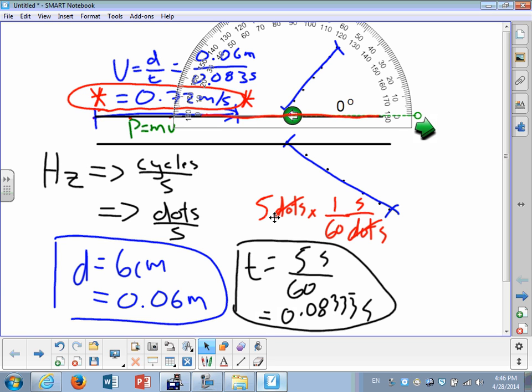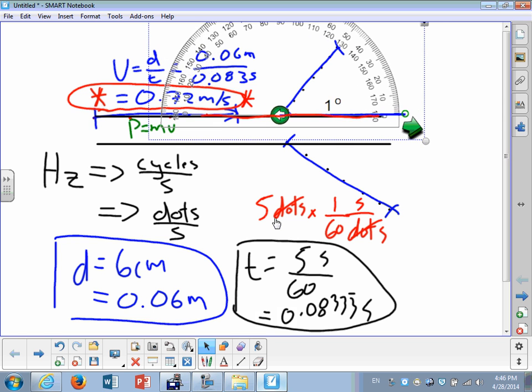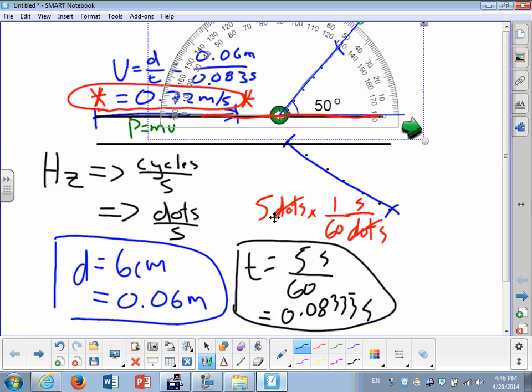And then I'm just going to read my protractor, which I've a little bit off here, but I can just move it over to make sure that I've lined up properly. Like I say, you got to be careful of that. Lining it up, in my case here, happens to be about 50 degrees. Great, so we've got that one.